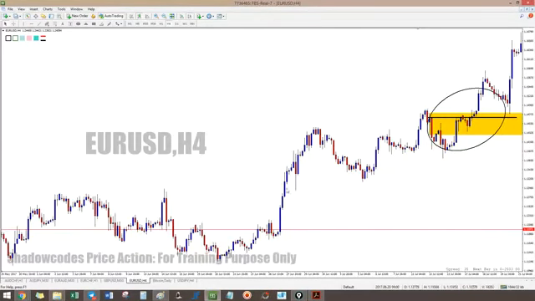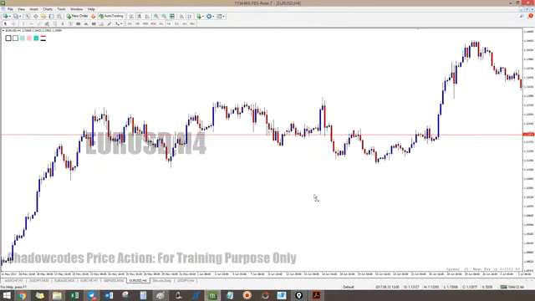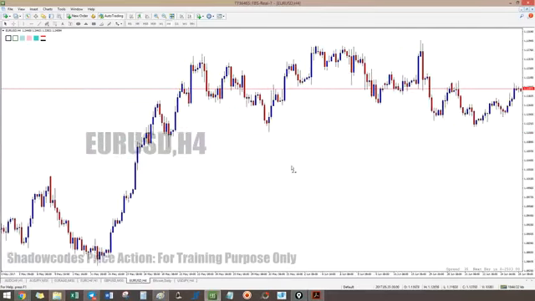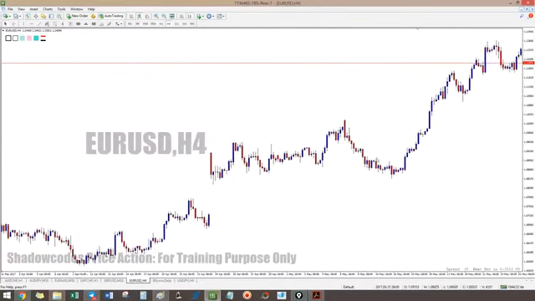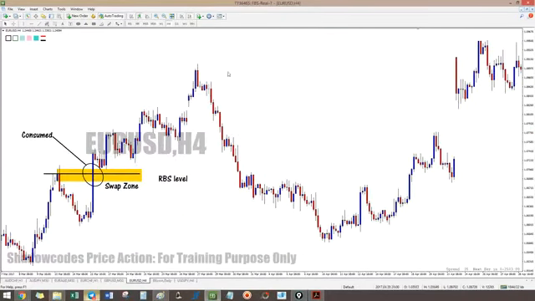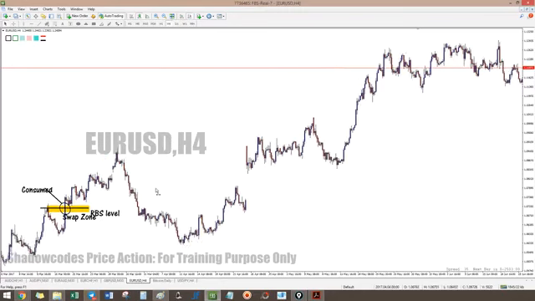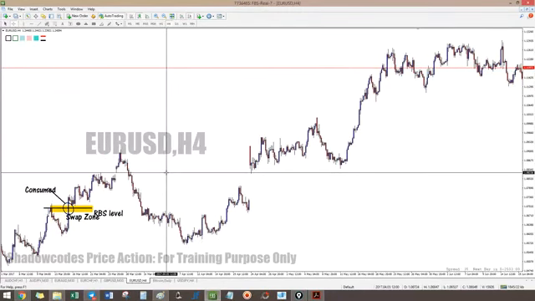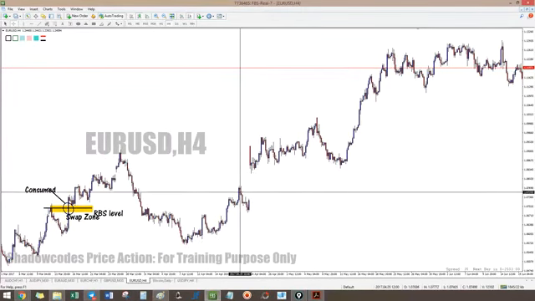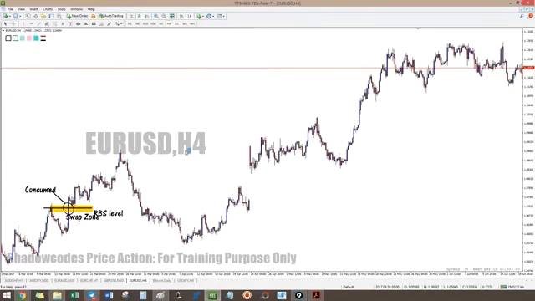Let's find more examples of drop base drop becoming the swap zone. I lost a candle here.